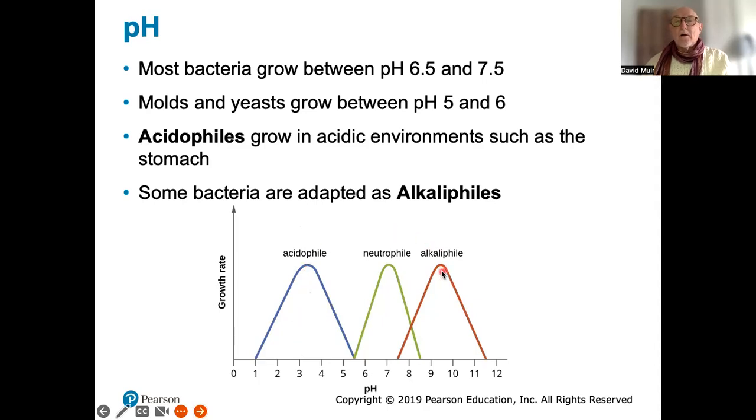Similarly, there are groups which are able to survive at very high pH in highly alkaline waters, and these are the alkalophiles. One of the strange things in prokaryote biology is that these groups, which can survive very high pH and very low pH under normal environmental conditions, are very often members of the archaea, which are the other prokaryote group apart from the bacteria.